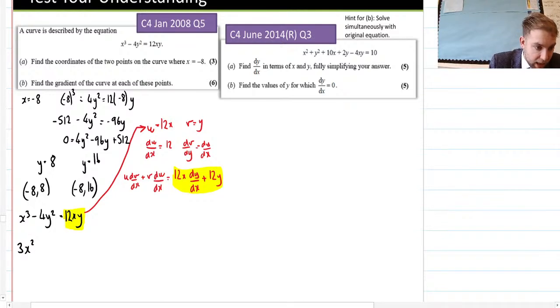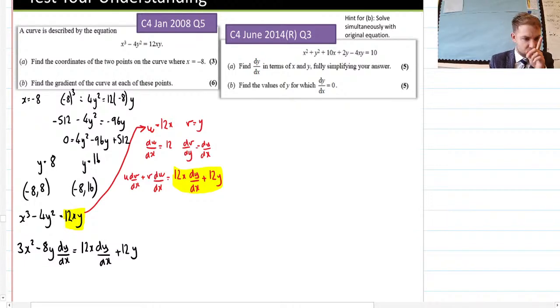So with this one here, it's going to be minus 8y times dy by dx, is equal to the differential of 12xy, which is just done. So 12x dy by dx plus 12y. Super. So now we need to take the dy by dx over and bring the 12y back.